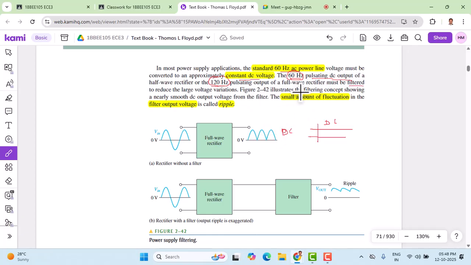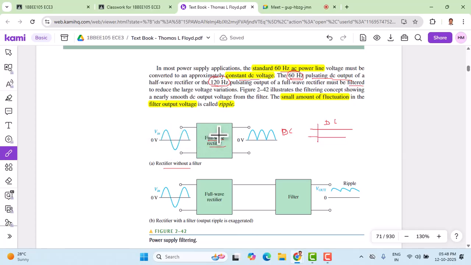In figure 2.42, which shows the filtering concept for the full wave rectifier, to smooth the output voltage waveform. Here, without filter, this is a rectifier block diagram. We are not showing any circuit diagram here. It's just a full wave rectifier block diagram, and the input is the sine wave, as we can see here, the AC input applied from the transformer.